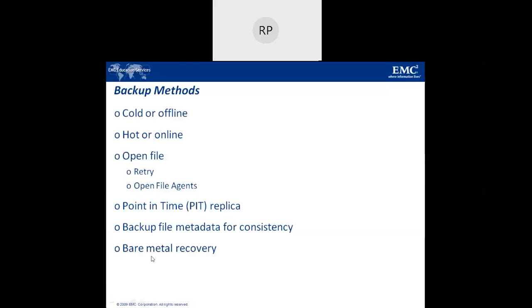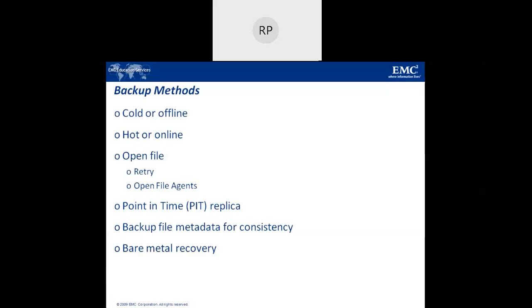The next method is backup file metadata for consistency and bare metal recovery. Now these two methods are used in a disaster recovery environment. Bare metal recovery refers to a backup in which all the metadata, the system information, and application configurations are appropriately backed up for a full system recovery. We take this type of backup whenever there is a system disaster.